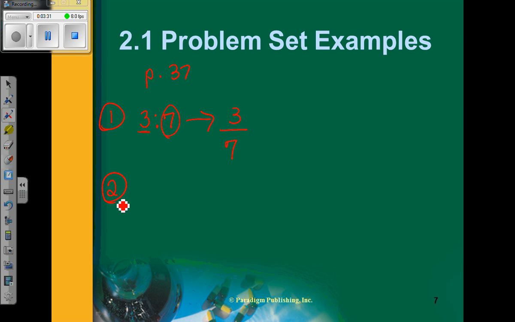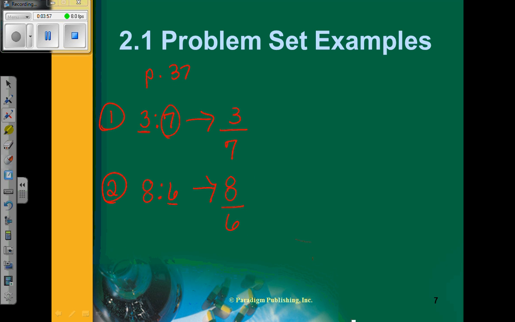If you look at number 2, okay, so you have 8 to 6 as your ratio. So I always put it in a fraction first. So 8 goes on top, 6 goes on the bottom. Okay, so first what you want to do is reduce that down. So we know, is there a common number that will go in both of these?